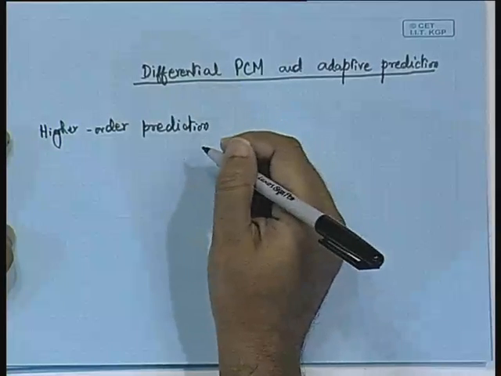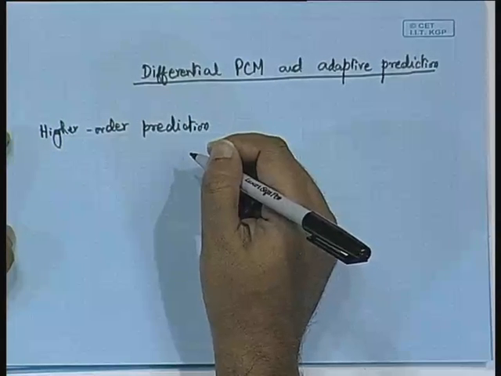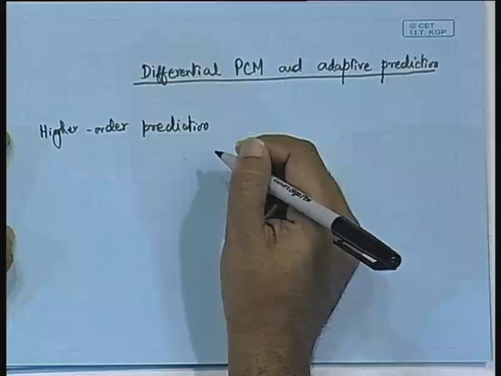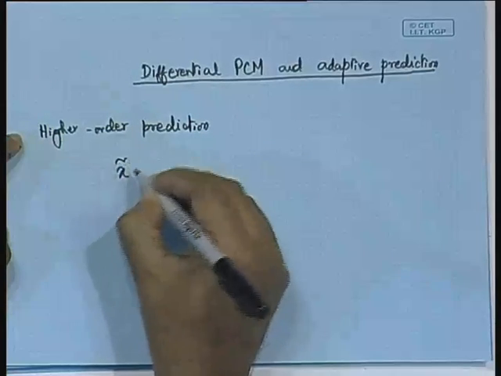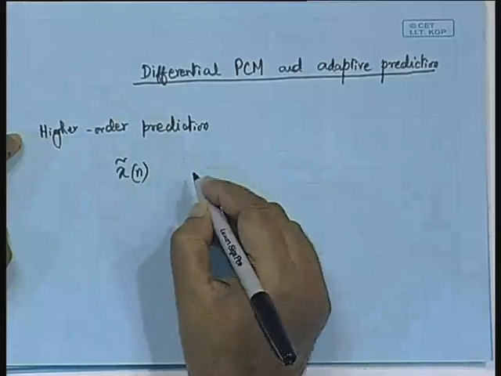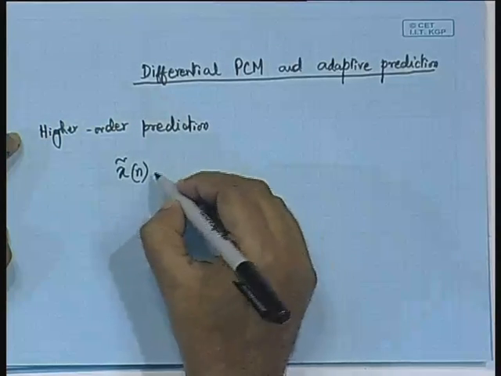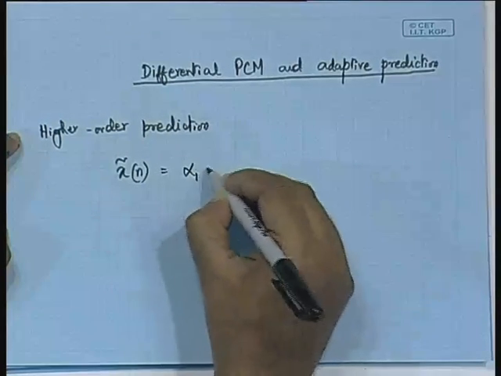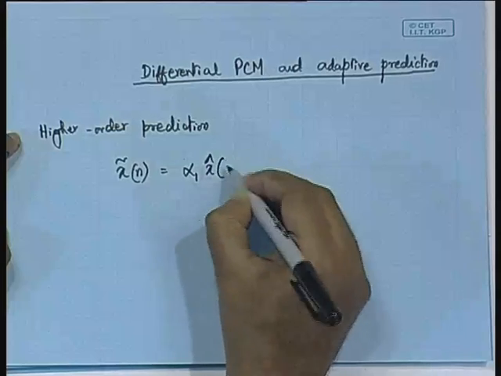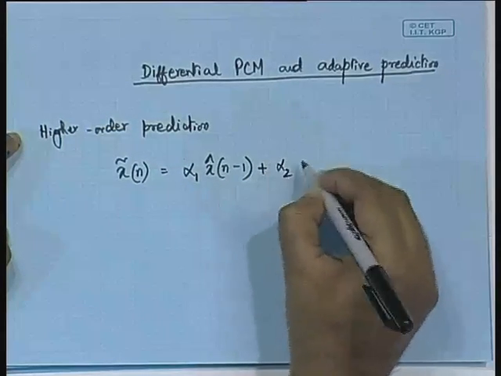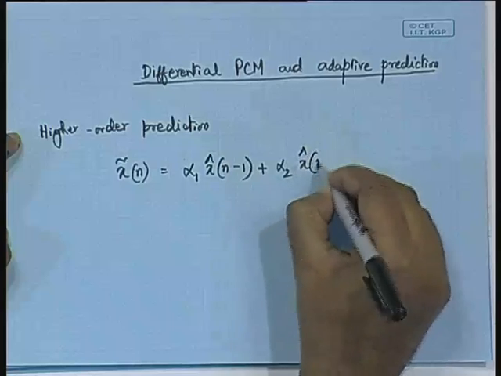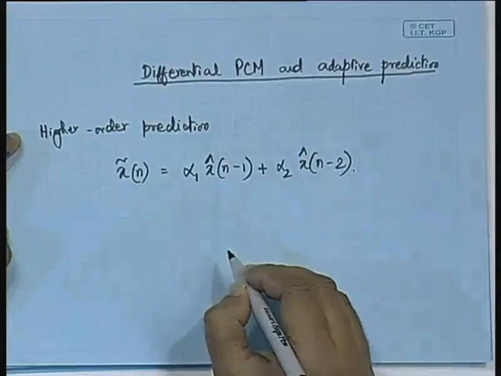Now, instead of a first order prediction, if we go in for a second order prediction, in that case we can write down the predicted signal x tilde n as alpha 1 times x cap n minus 1 plus alpha 2 x cap n minus 2, right, only 2.